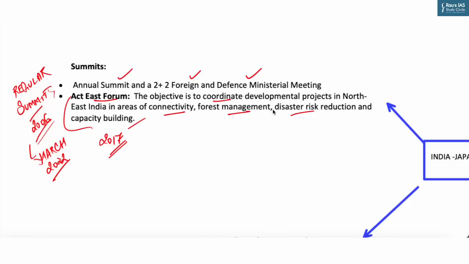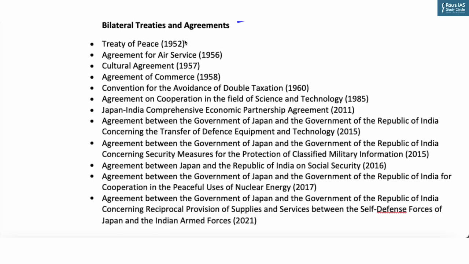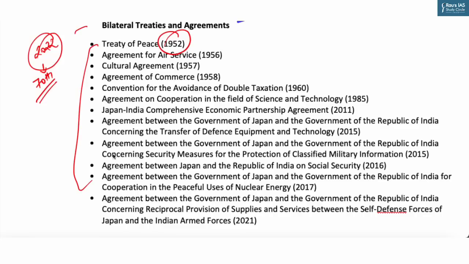Now let's talk about bilateral treaties and agreements signed between India and Japan since 1952. The year 2022 marks the 70th anniversary of the establishment of diplomatic relations between Japan and India. Among all treaties listed here, one of the most important is the Comprehensive Economic Partnership Agreement, which was signed in the year 2011.